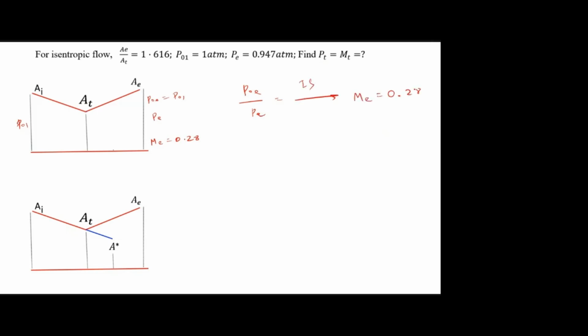Okay, so I have ME. How to find this PT and MT? So here I have AI, A star, AE. In between I have different areas: A1, A2, A3, A4, and we have discussed the A by A star relation in terms of Mach number, right?